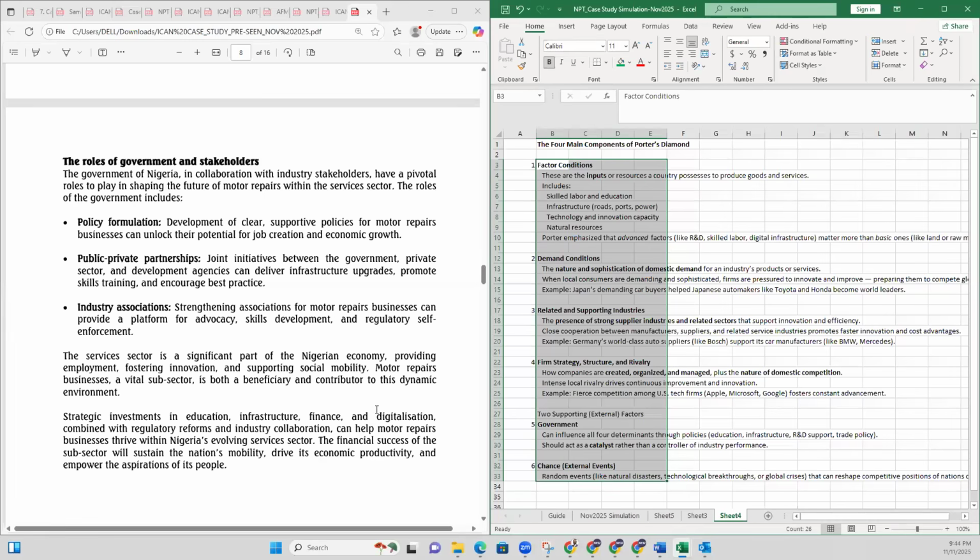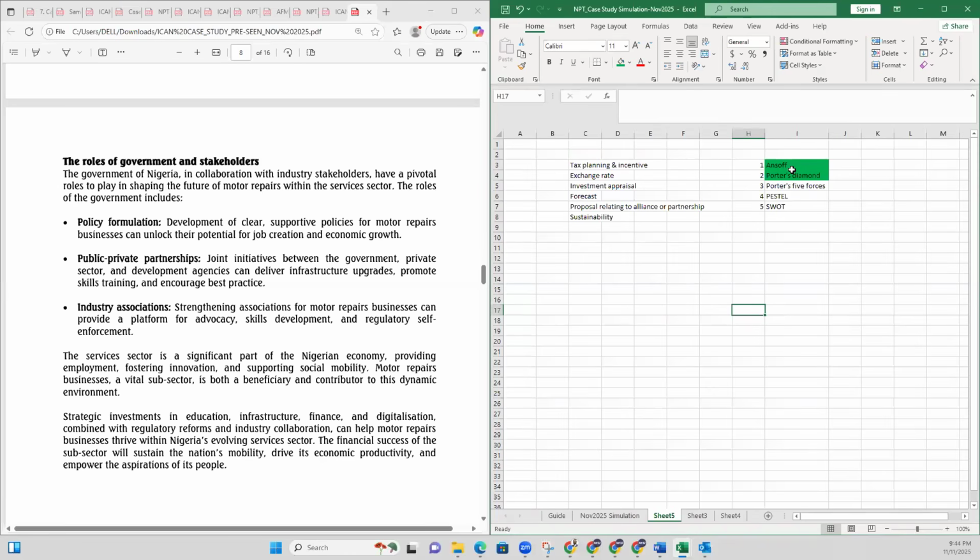If they bring Ansoff as well, which is what I expect you to explore in the Preseen, you'll be focusing on the 4 elements of Ansoff, which are penetration, market development, product development, and diversification.